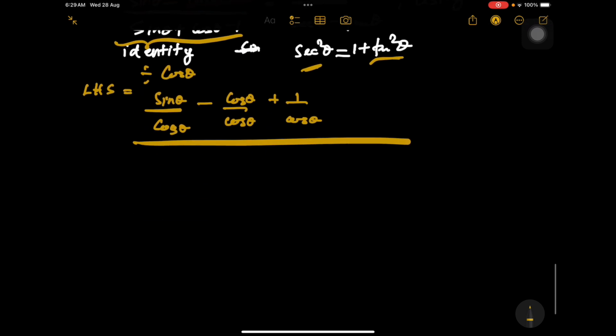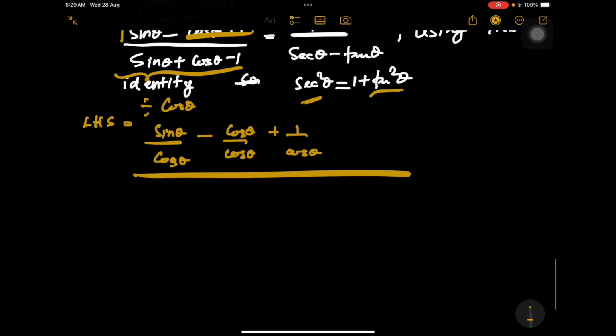And it's not going to change anything, because if you divide any ratio, up and down, by the same value, the ratio is not going to change. So by using that logic, we are going to use it. Sin theta over cos theta plus cos theta divided by cos theta minus 1 over cos theta.